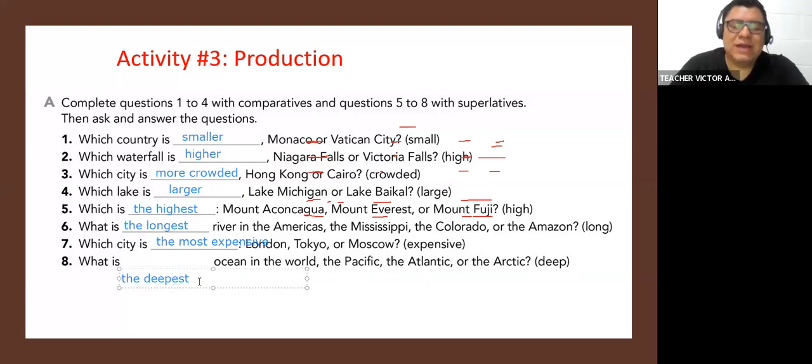Good observation. And for long adjectives like expensive and beautiful, we use the most for superlatives, okay? But don't worry, we'll practice this on Monday. Once again, I need you to work on units 1 and 2. And on Monday, we'll practice more about comparatives and superlatives.